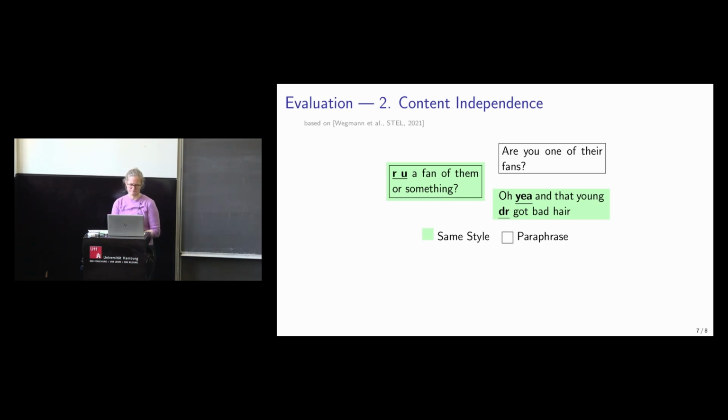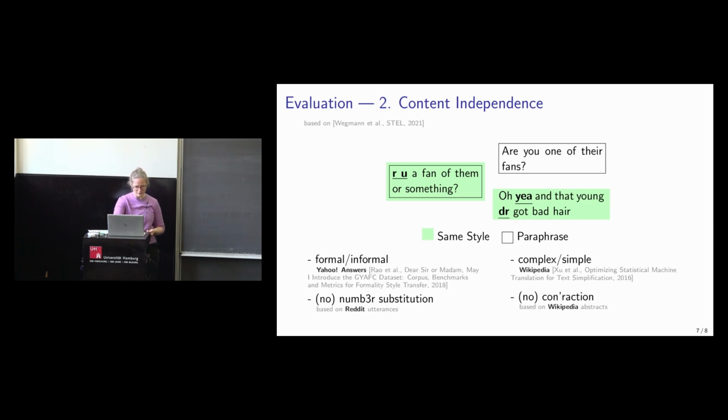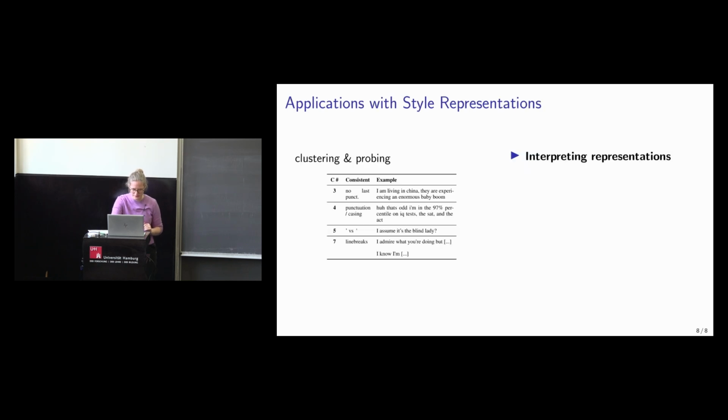And we make this more complex by having one initial sentence, like 'Are you a fan of them or something?', and a paraphrase of that in a different style, and a different sentence with different content in the same style. And then we still want the model to prefer that more similar in style but different content sentence. We do this on different dimensions. Won't go into detail about that.